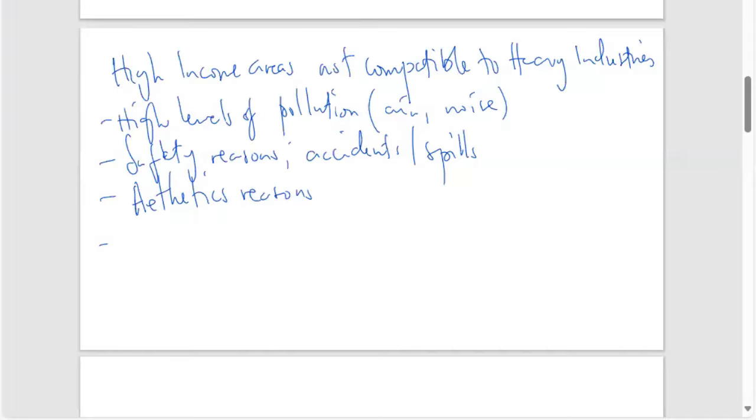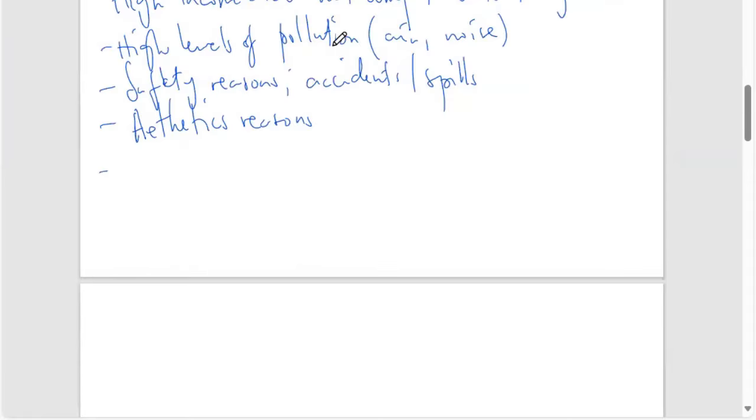Property values are high and hence high income areas cannot locate in areas with lower property values. If an area is close to an industrial area, that is a very risky area, and we cannot expect high property values in such areas. So for the same reasons, high income areas cannot be compatible to heavy manufacturing activities.